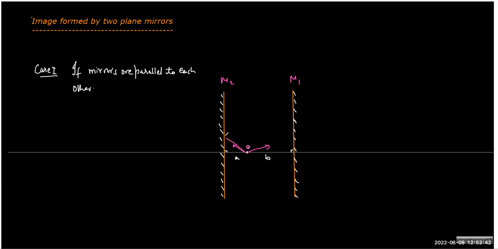This will reflect and go like this. Now this will become the second incident ray, and now this will become the second incident ray. So the reflected ray of each mirror becomes the incident ray for the next image formation. But this will never stop.